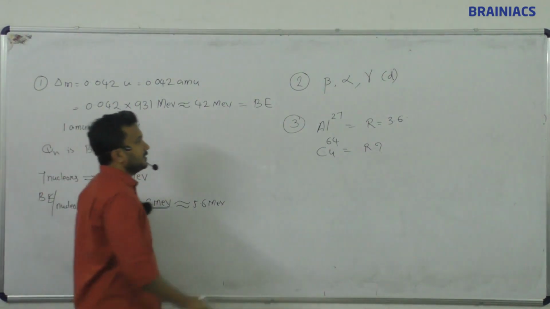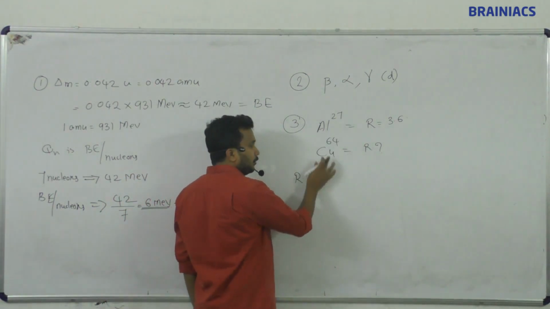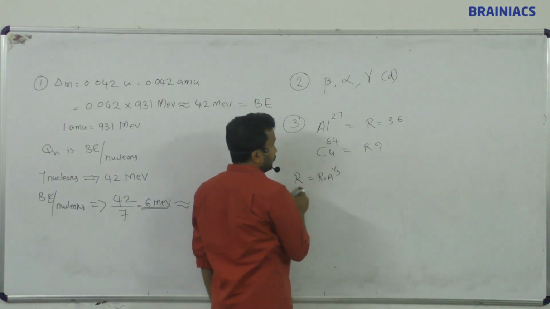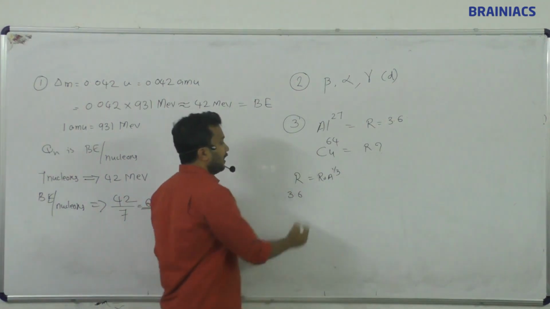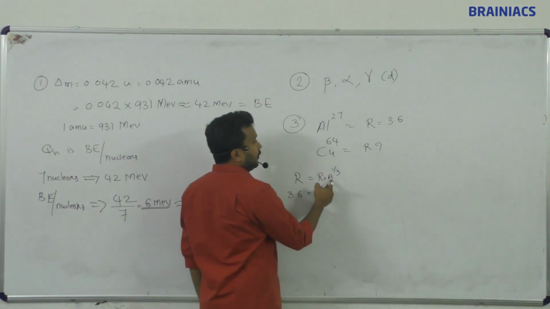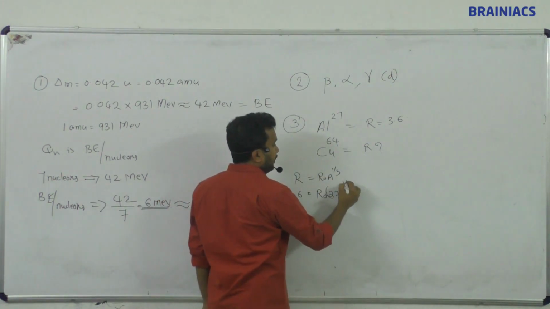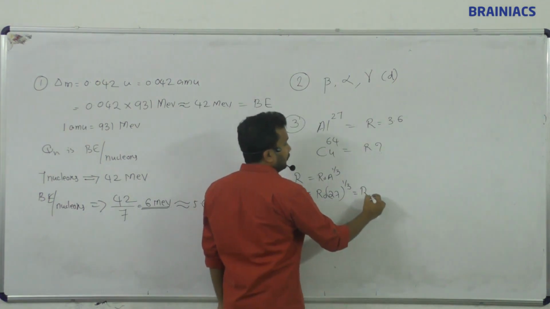For aluminium, the relation is R proportional to, or R equal to, R naught A raised to 1 by 3. This value is given as 3.6. For aluminium, R naught into 27 raised to 1 by 3, which is equal to R naught into 3.